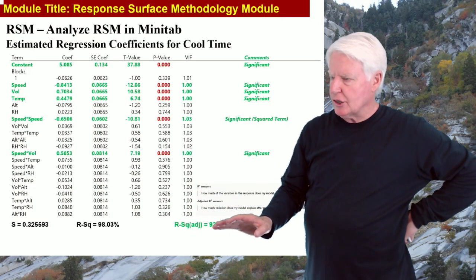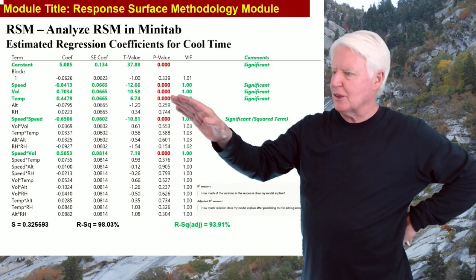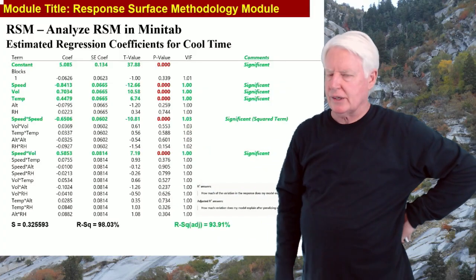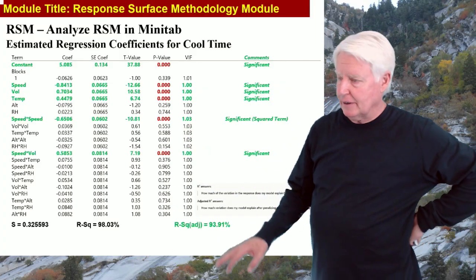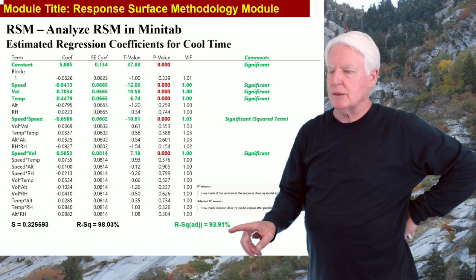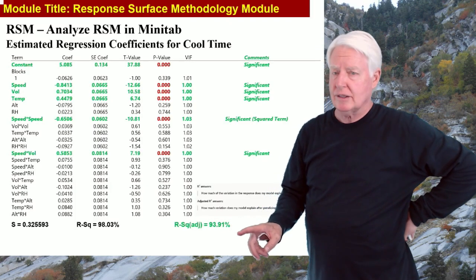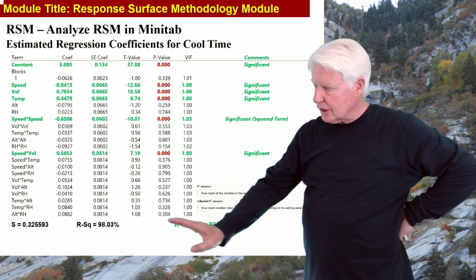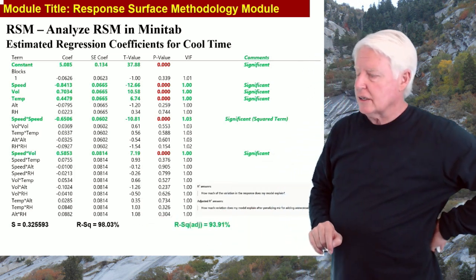And what they're doing is they're penalizing you because you're throwing all these noise variables in that are statistically insignificant. When you do that, the difference between your r squared and your r squared adjusted is going to be inflated. We don't like that. We like to get r squared and r squared adjusted closer together.